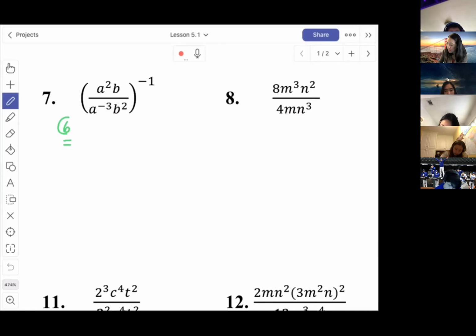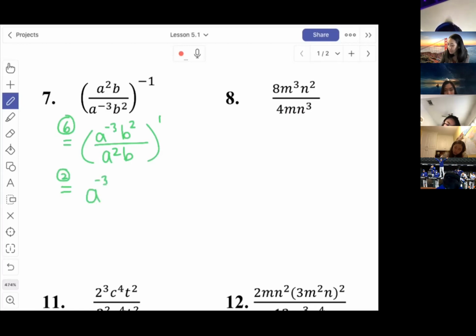I'm going to flip that whole thing around to make that just to the +1. Then I'm going to use property number 2 and subtract those exponents.